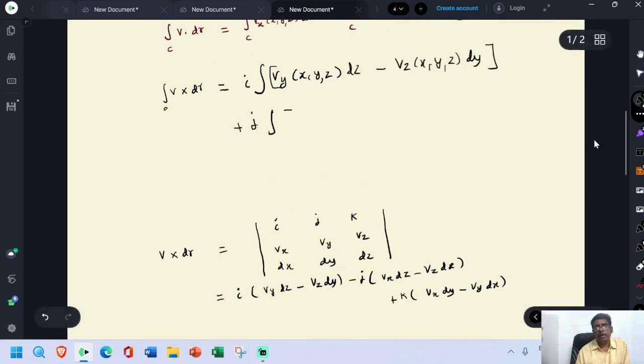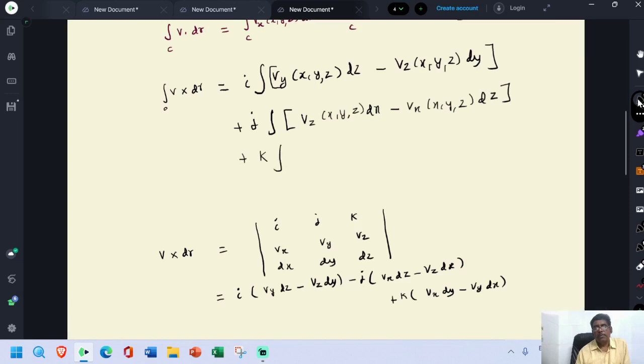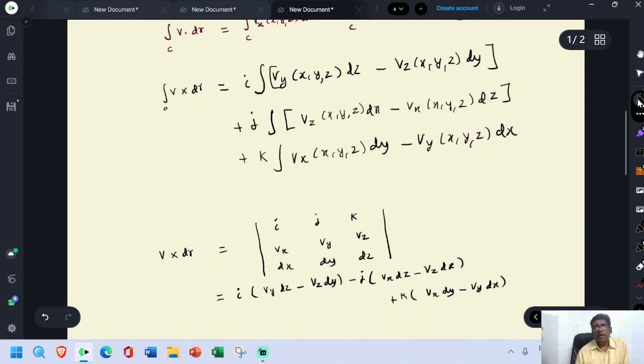j into integral vz of x, y, z into dx minus vx of x, y, z into dz, plus k into integral of vx of x, y, z dy minus vy of x, y, z into dx.